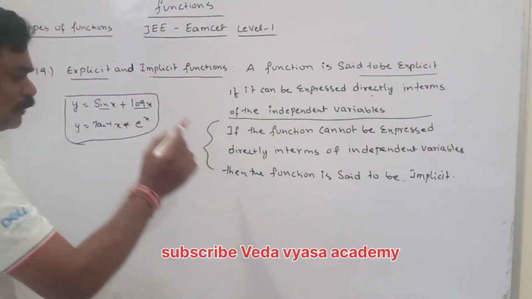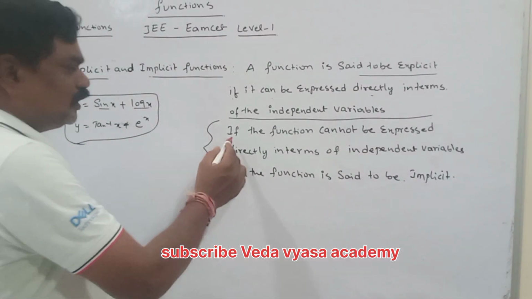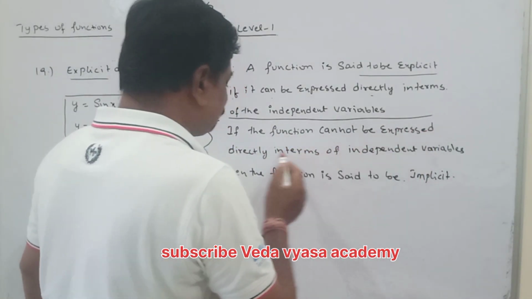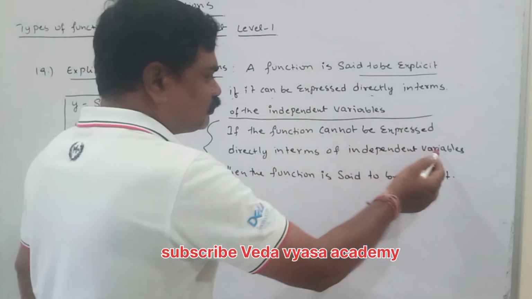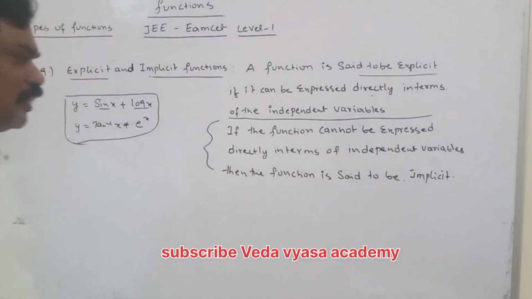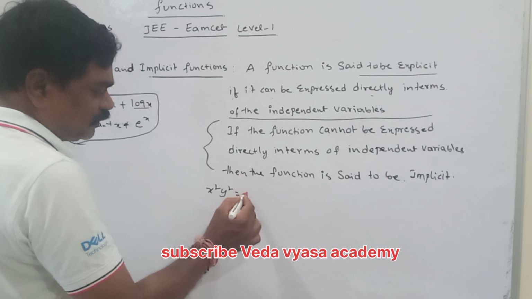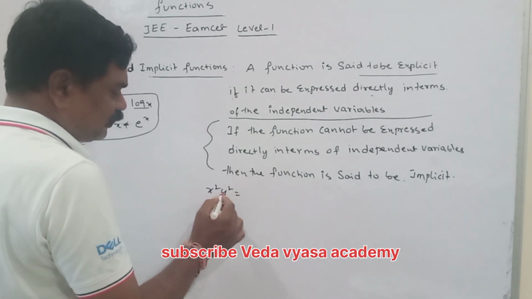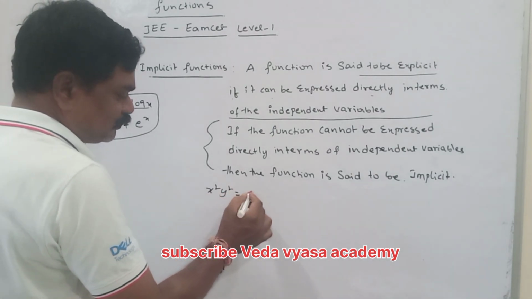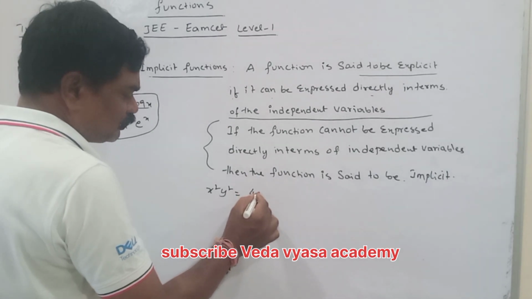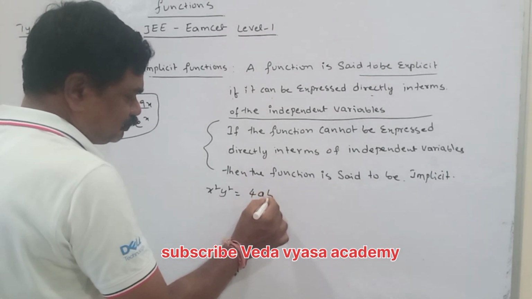Whereas in an implicit function, if the function cannot be expressed directly in terms of the independent variable, then we say that type of function is called an implicit function. Here x square plus y square is equal to 4ab.